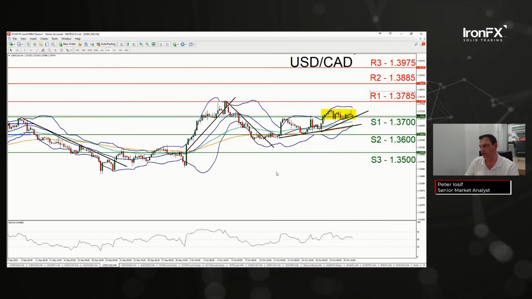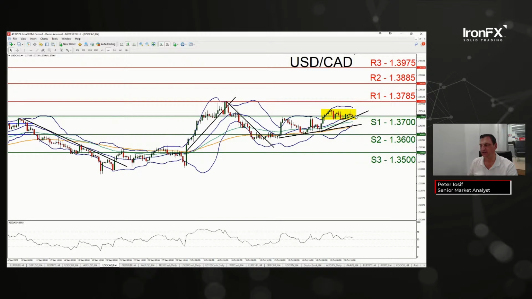Should the bulls take over, I would expect the price action to rise and test, if not breach, the 1.3785. Definitely need a higher peak than this one, but I think the R1 is far more decisive given that it was also a level which provided resistance in the past. And in that case, the way is open practically for USD CAD to start aiming for the 1.3885.